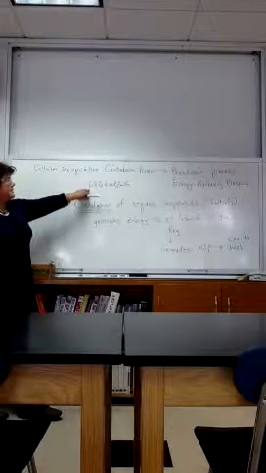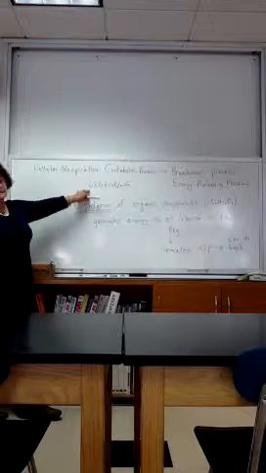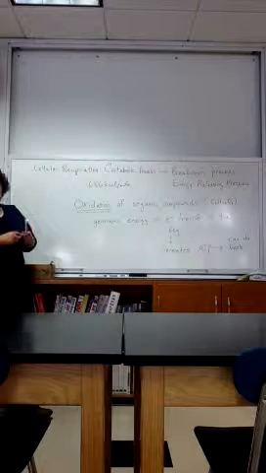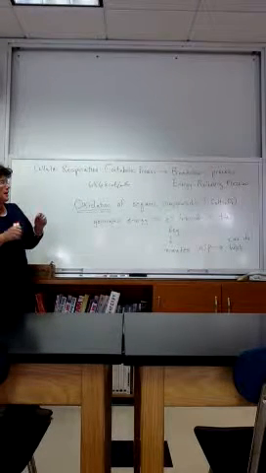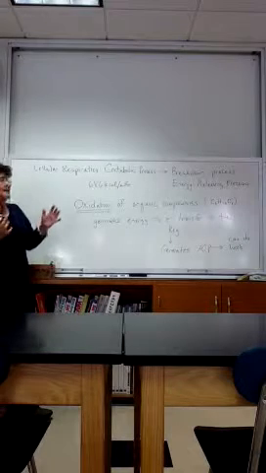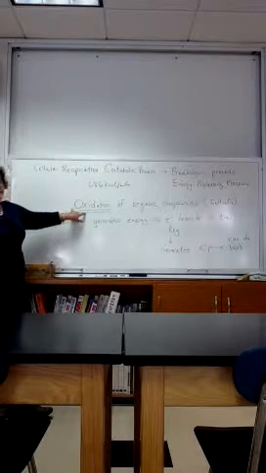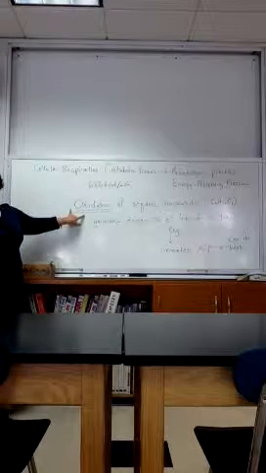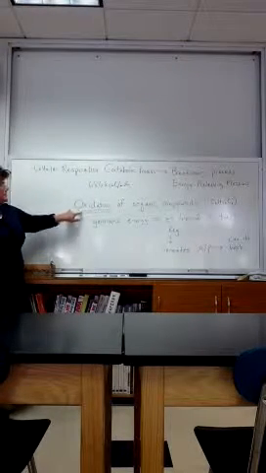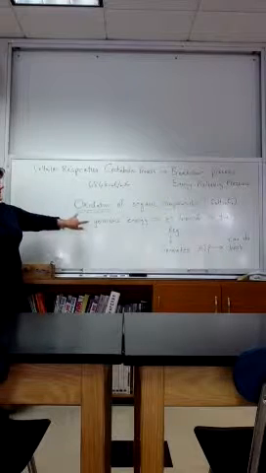It releases energy. Delta G is less than 0. How is this energy created, okay? The key to cellular respiration is oxidation of the organic molecule, glucose, that generates the energy.